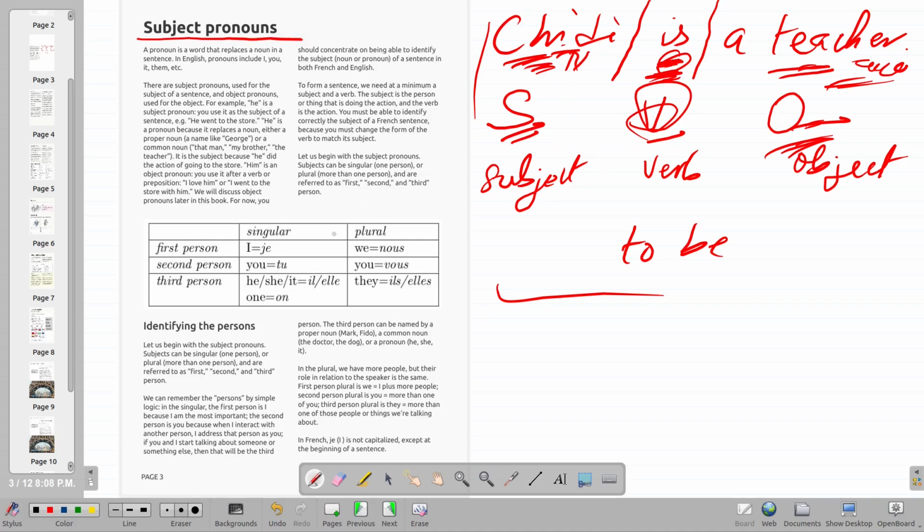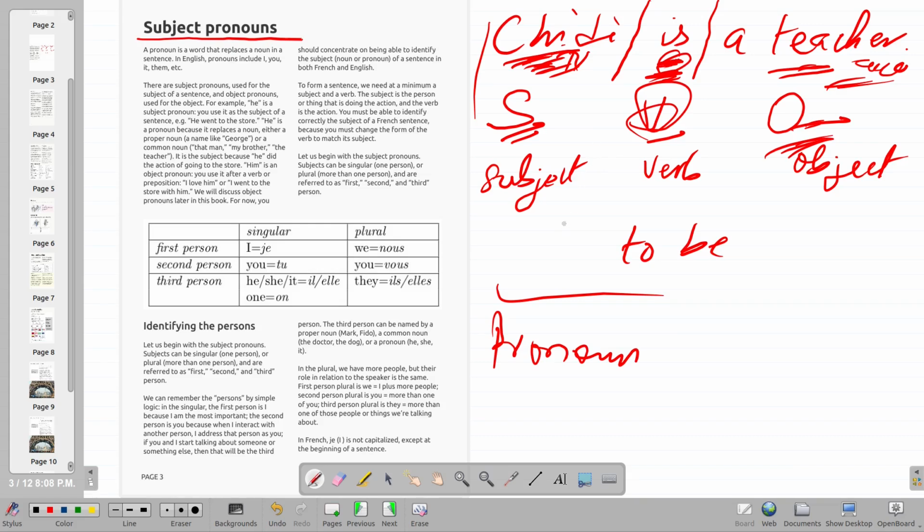So what happens in grammar is that you are going to use another grammatical class to replace some of the nouns. And that is where the pronoun comes in. A pronoun is any grammatical element that can replace a noun. All right? So it's making sense now.